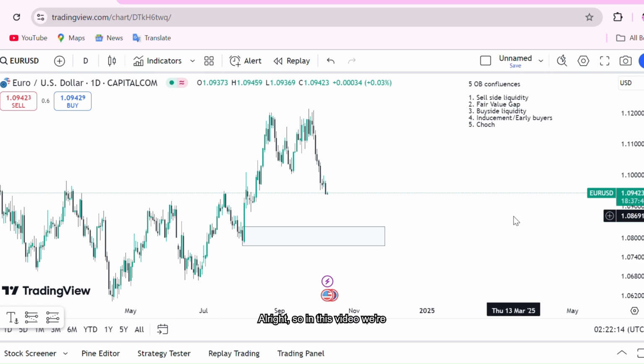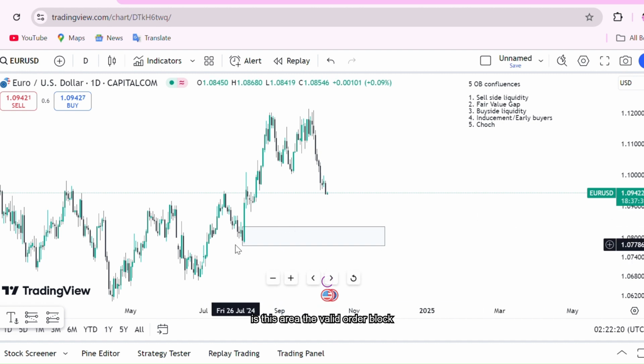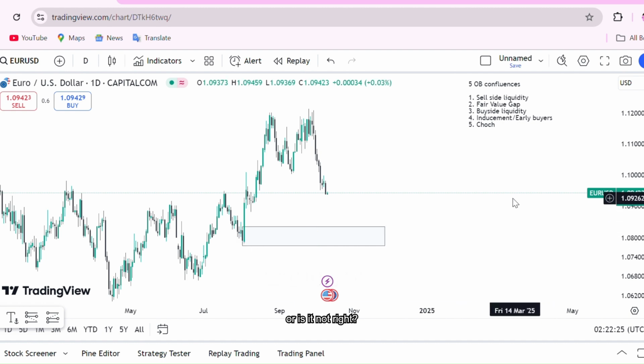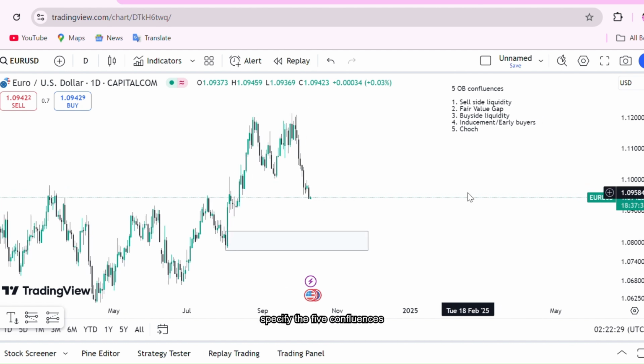Alright, so in this video we're gonna find out whether this area is a valid order block or not, right? In my last video I specified the 5 confluences that we need to confirm a valid order block and how to identify these confluences on the area of interest.